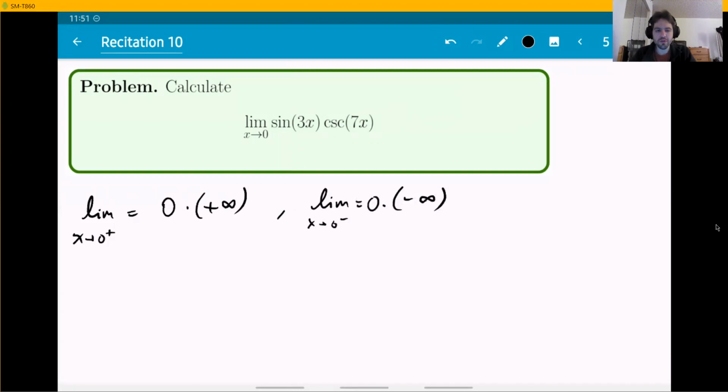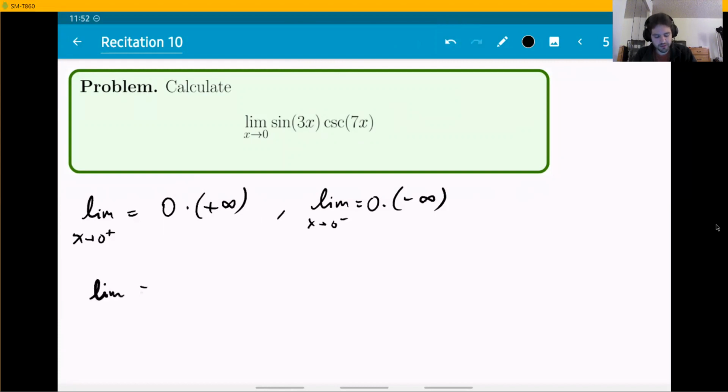So just so we can see that we need to do something more. And what are we going to do in here? In order to apply L'Hopital, when you encounter a limit like this, 0 times infinity, what you have to do is rewrite one of the functions as its reciprocal in the denominator. That way, it's going to be either 0 over 0 or infinity over infinity. In this case, cosecant is a function that is defined as a quotient, as 1 over sine.